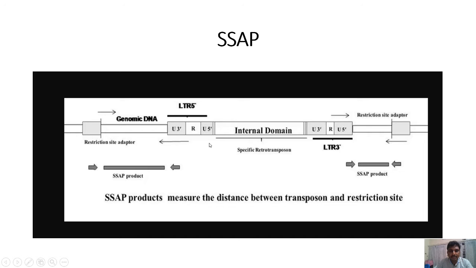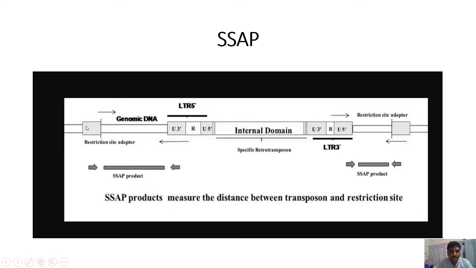So in the PCR, you have to construct a set of primers. One should bind or recognize this LTR, and another primer should be targeted against a restriction site adapter. This is one restriction site, and this is another restriction site. So this will make one fragment of the DNA after restriction digestion.